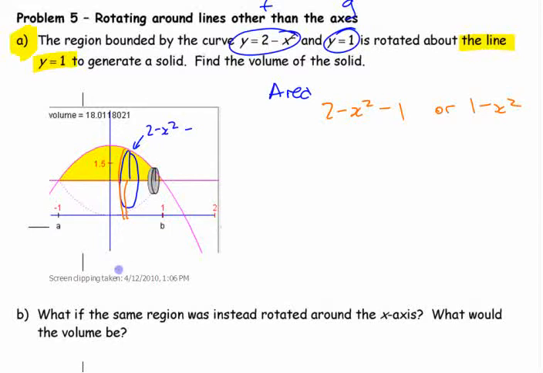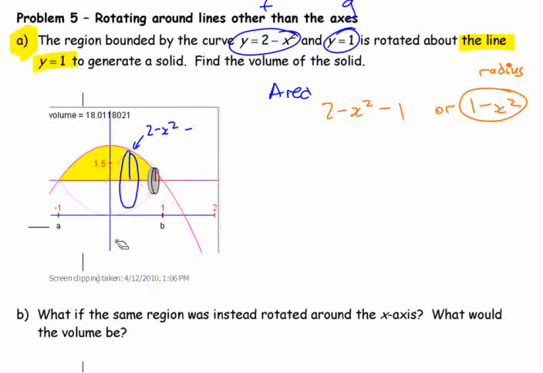Does that make sense? That's the outer radius of this thing, and that's the radius of the disk. The radius of the disk is 1 minus x squared. You don't need another radius. There are no holes in the middle of the thing. It's not a shape with a hole in the middle.